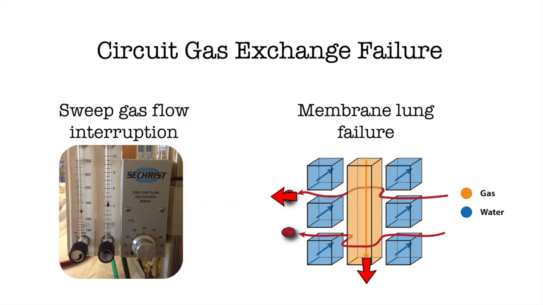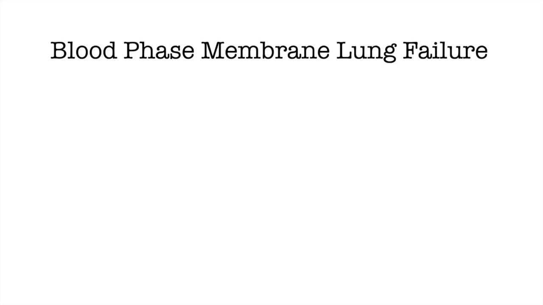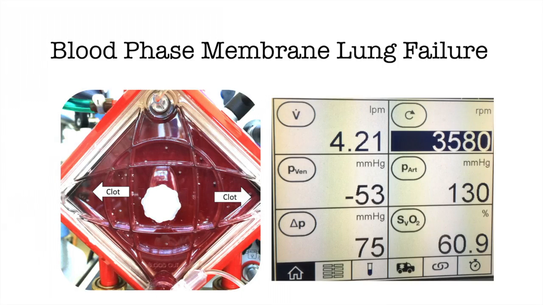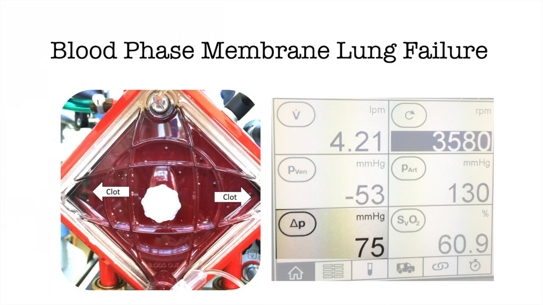Membrane lung failure usually occurs slowly over days, and function of the membrane lung is monitored with periodic pre- and post-membrane blood gases to detect impending failure prior to the loss of post-membrane oxygenation. Blood phase failure often correlates with clots visible on the membrane lung window and an increasing delta P. This is the pressure drop measured across the membrane lung, which reflects resistance.